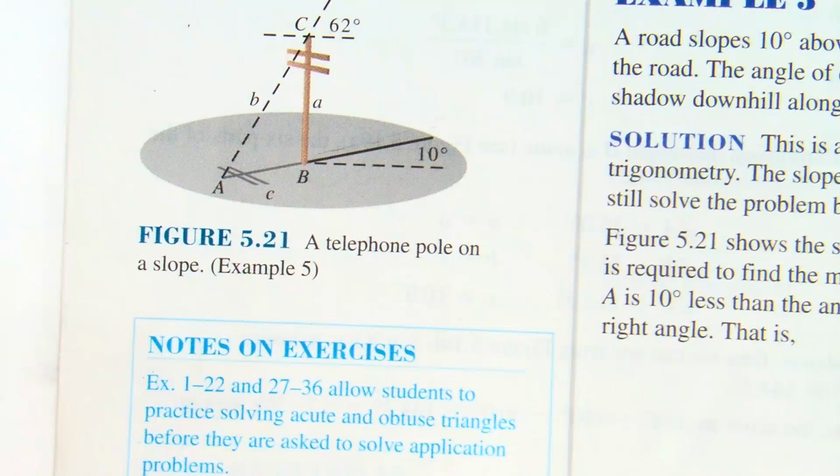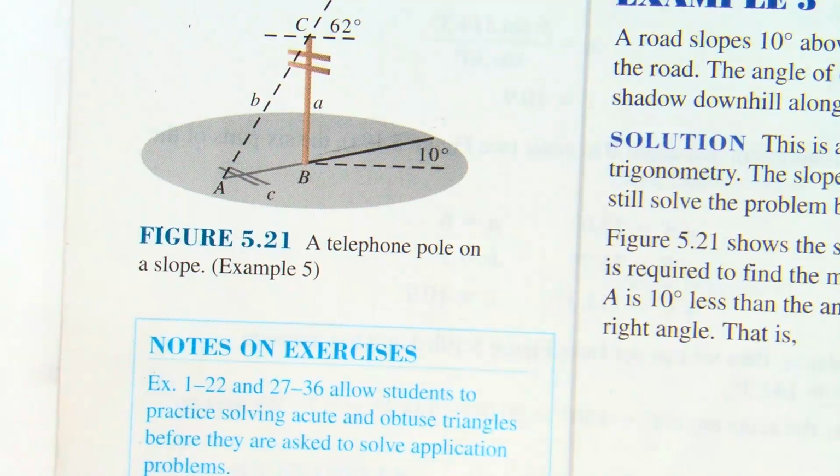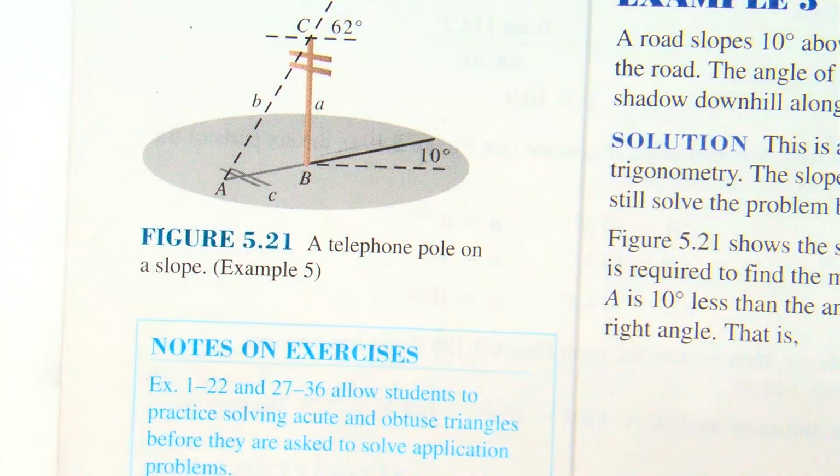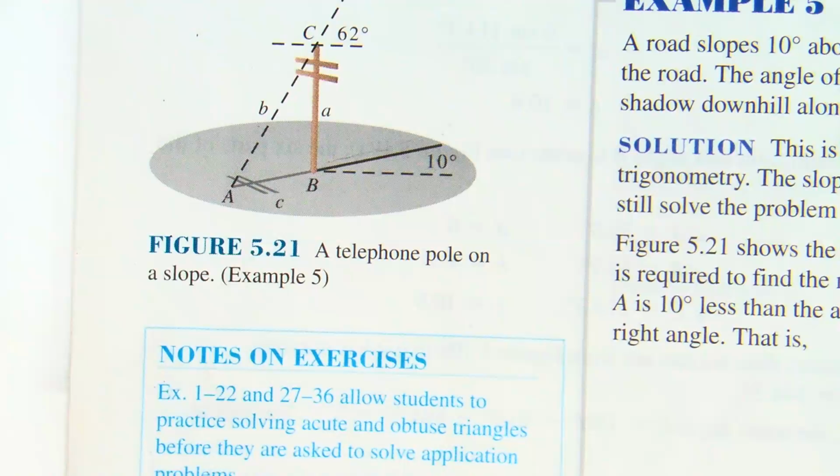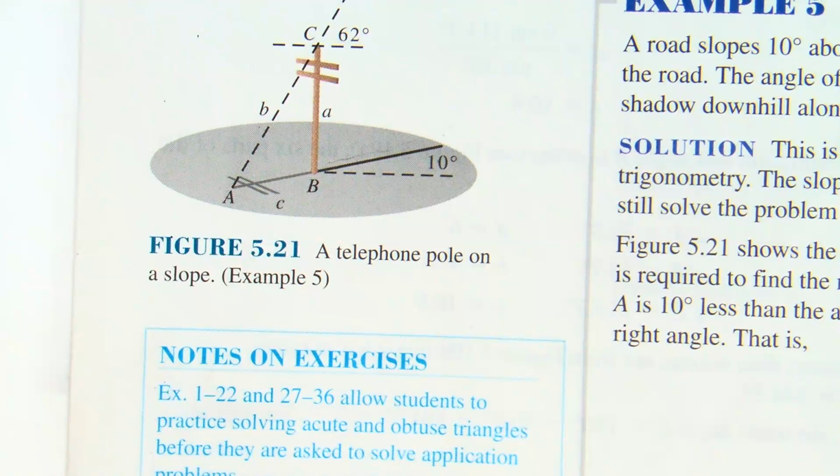So the pole casts a 14.5-foot shadow downhill along the road. Find the height of the telephone pole. The triangle you're looking at is right here, if I recall. You're using all that information. We're at 10:12, so I can't really do a whole lot with this one right now. 38 mimics the problem we just did. 39 mimics this problem. Give 39 actual effort before you say you're stuck.